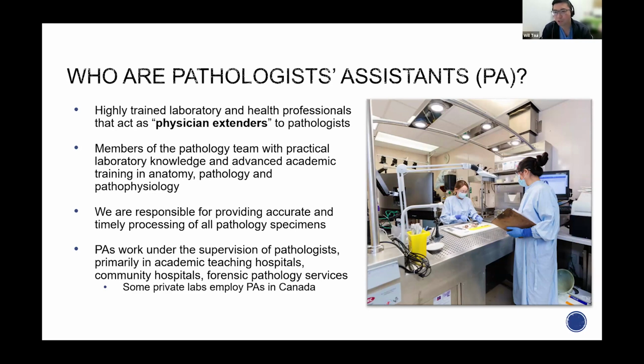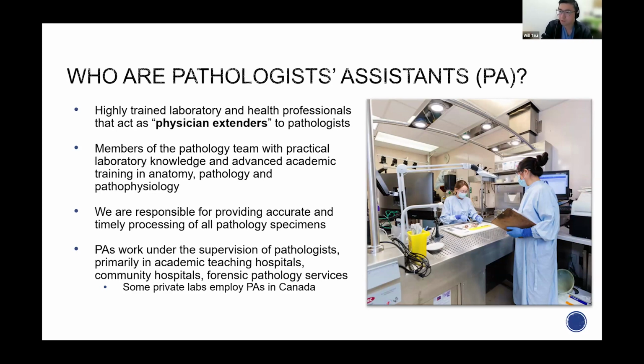So we bridge the gap between a lab technician who is very adept in lab processes, and the advanced training that some of the pathologists may have.